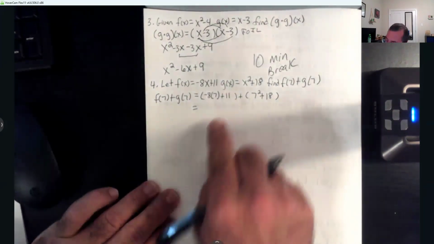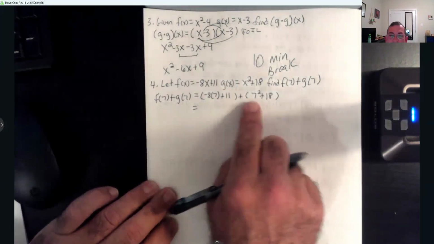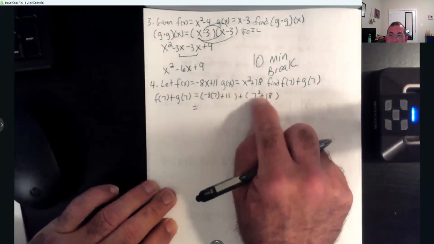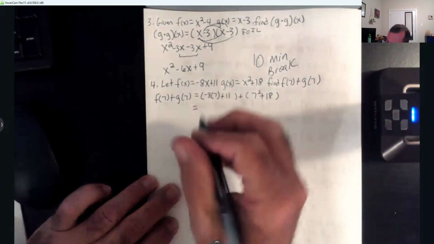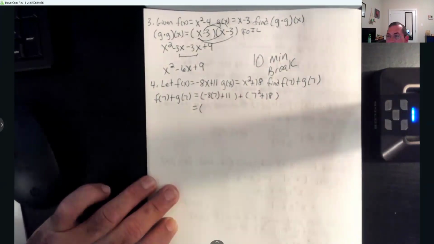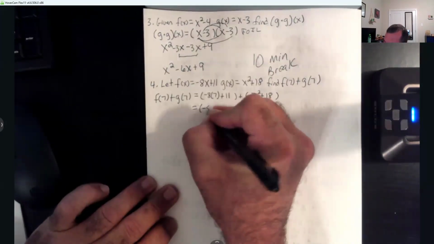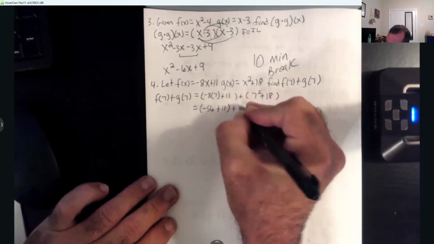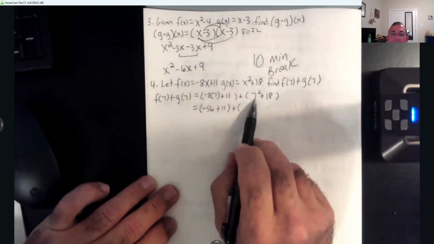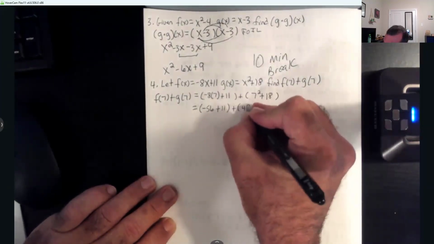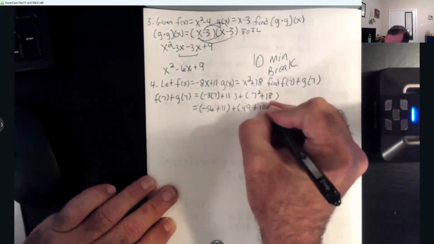So basically on this one, order of operations, we got to work inside this parentheses and work inside this parentheses first. So inside the first parentheses, negative 8 times 7 is a negative 56 plus 11. That'll be plus my second parentheses. 7 squared is 7 times 7, so that'd be a 49 plus 18.